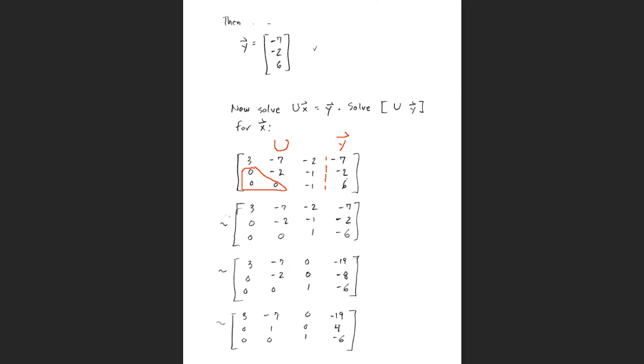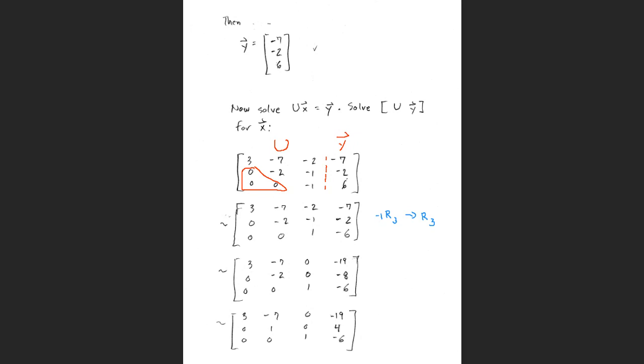Now we have to work upward. What we do is we take the third row, multiply it by -1, and replace that result in the third row. Well, okay, no problem.